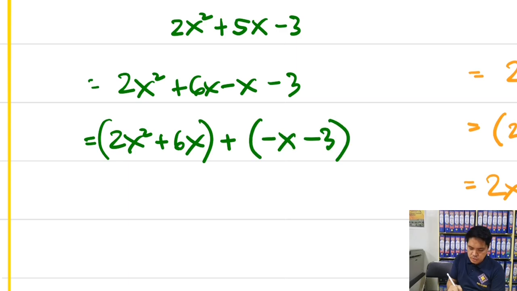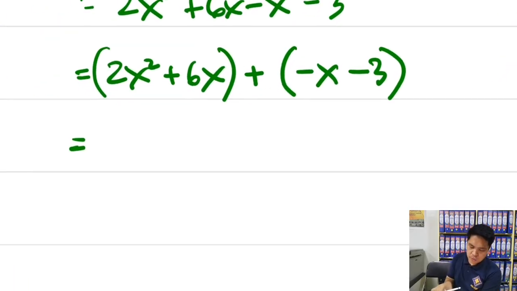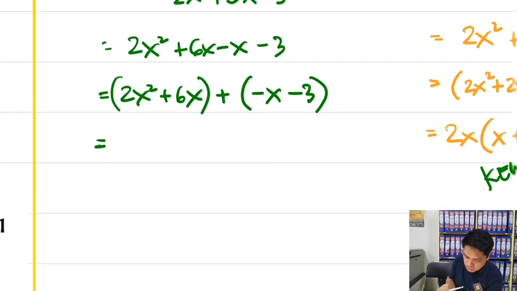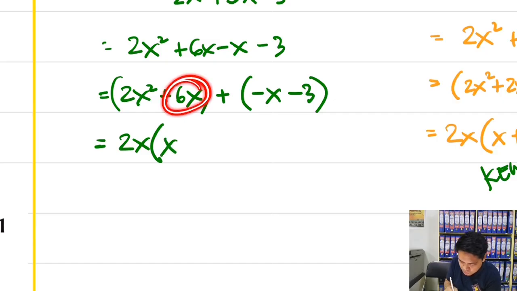Another group. So, what are the common factors for the first group? The common factor in the first group is 2x. If I factor out 2x, x is left, and I think this is now correct. If we factor out 2x, 6 is 2 times 3, so 3 is retained.